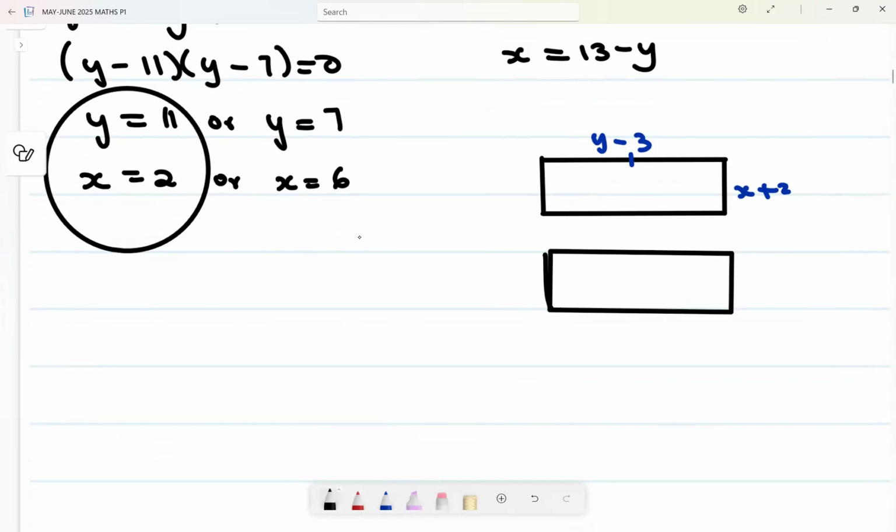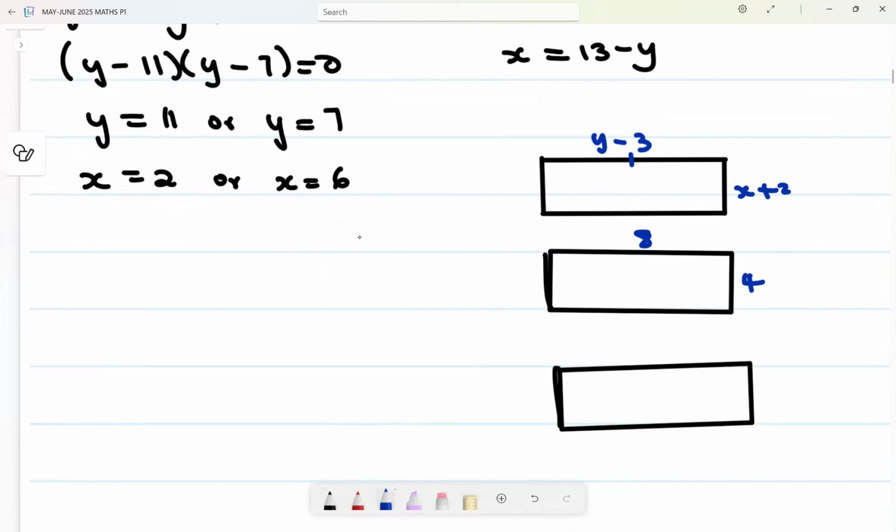When I use that first combination, it's going to be 11 minus 3, which is 8, and then 2 plus 2, it is 4. The second combination that I might come across, when I use the other pair, this is 8, guys. 7 minus 3, it is 4, and then 6 plus 2, it is 8. Can you see now the combination is still the same, guys? 4, 8, or 8, 4. Hence, I said it does not matter whether this one is on this side or that side.